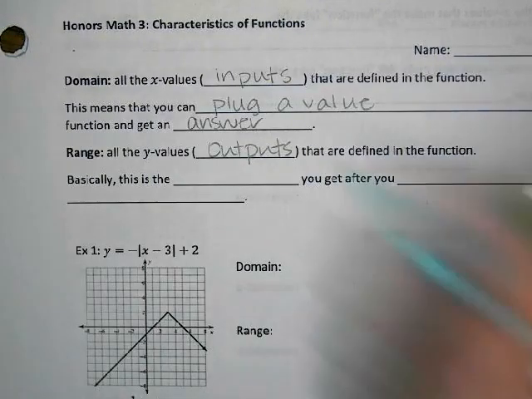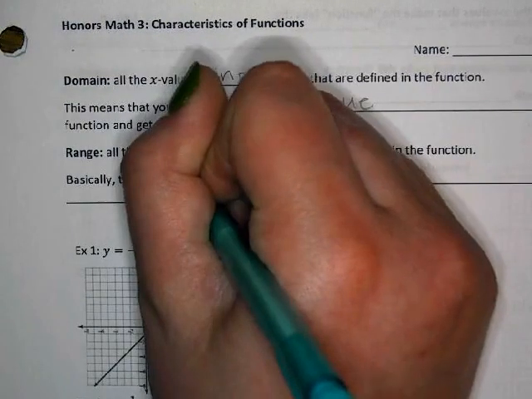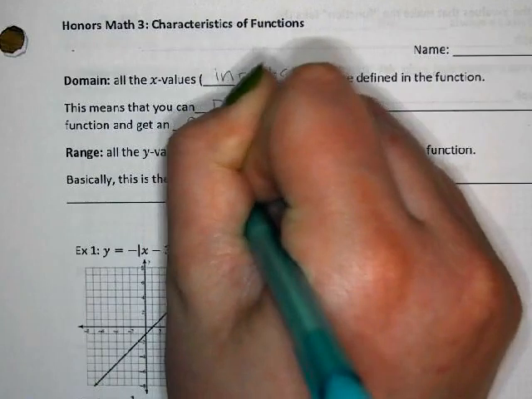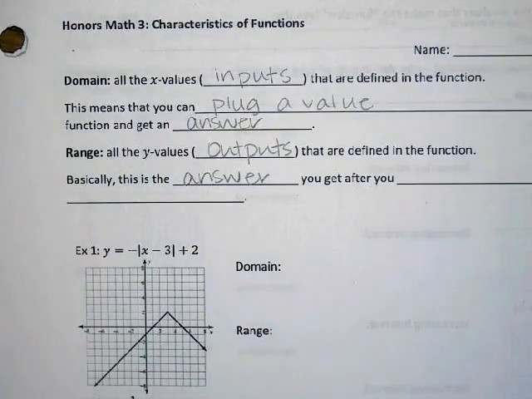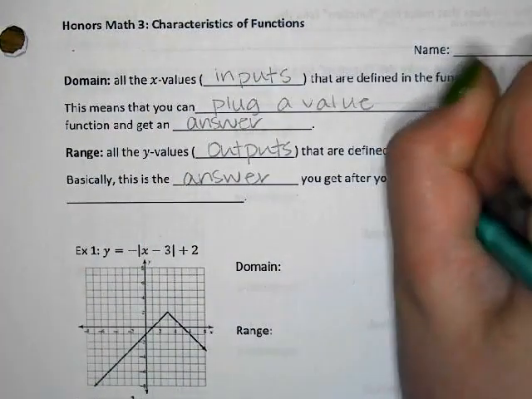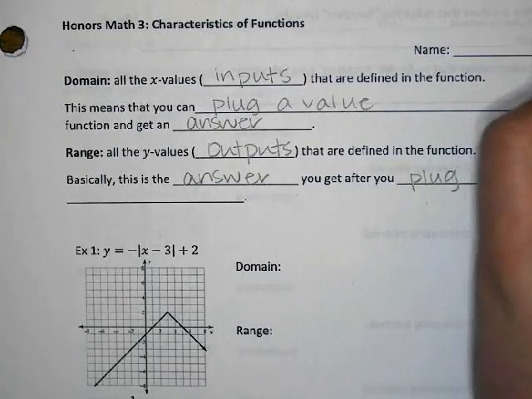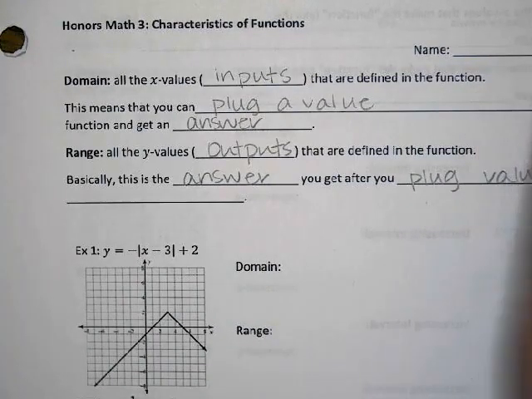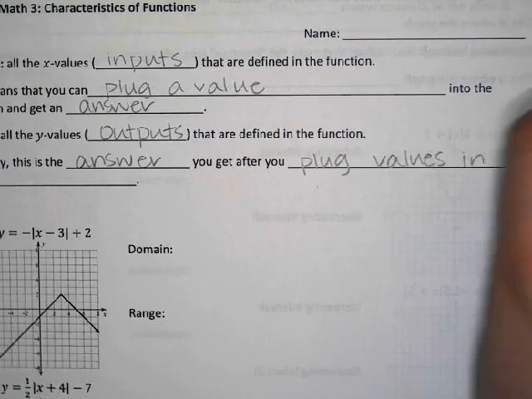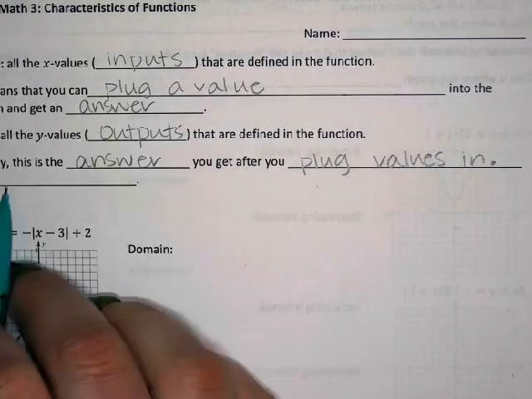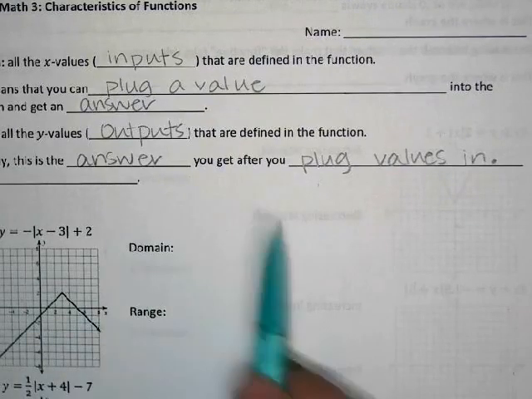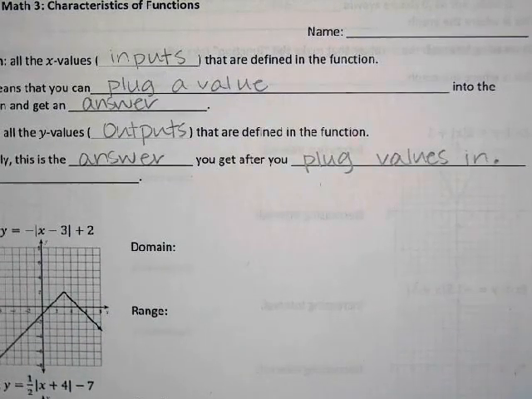So basically, this is the answer that you get after you plug values in. Sorry, my blanks are a little bit wonky. We didn't really need that blank down there. This is the answer that you get after you plug the values in.